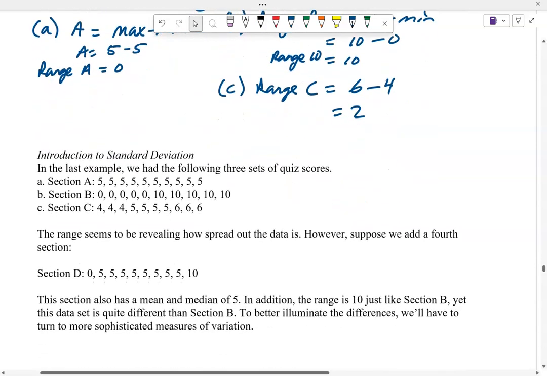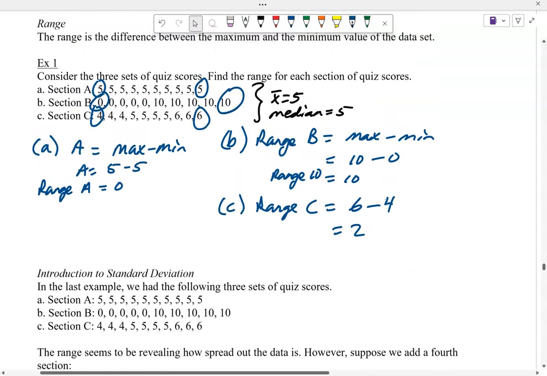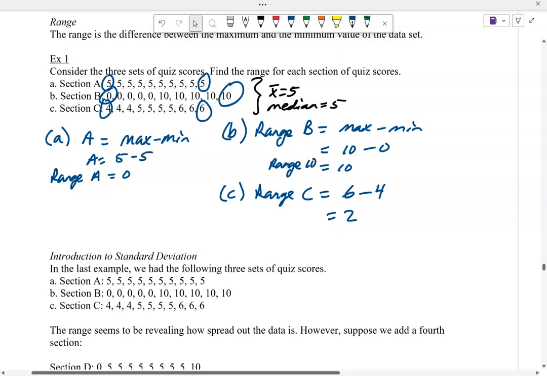And even better, look at how spread out the data is with the standard deviation. Obviously the range is giving us some idea of it, but the standard deviation is the average deviation from the mean. That's your definition of the standard deviation.